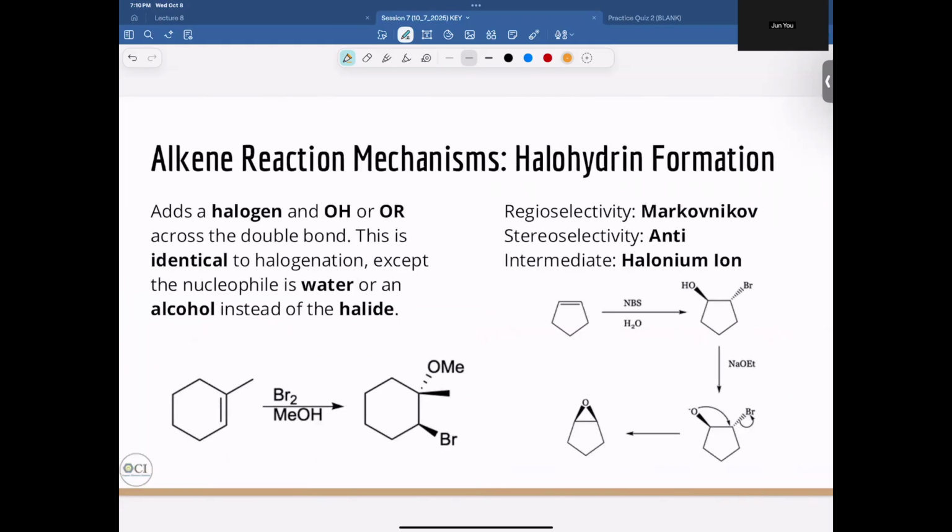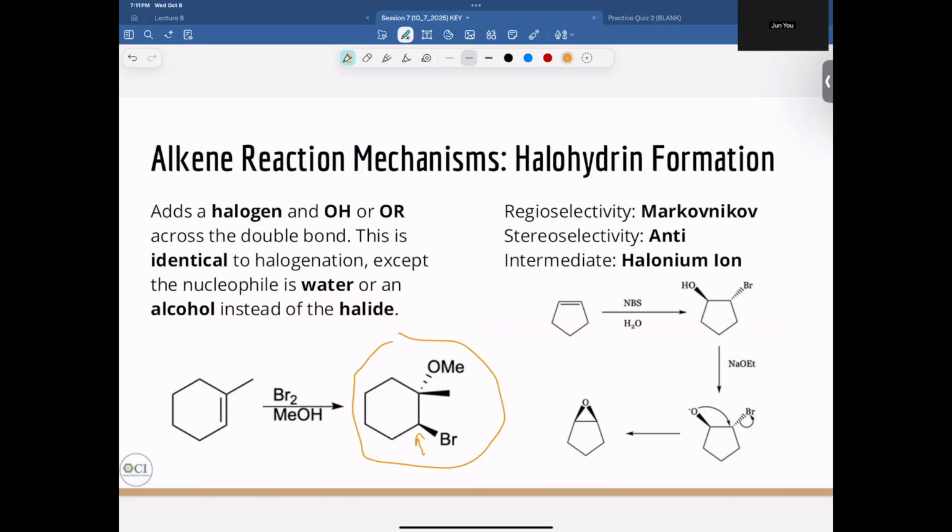This is the halohydrin formation. We saw the mechanism for this. We drew it. So typically how this works is that the bromine will be attached to the less substituted side, and then you'll have an OH or an OR group on the more substituted side. And we see that with this, right?